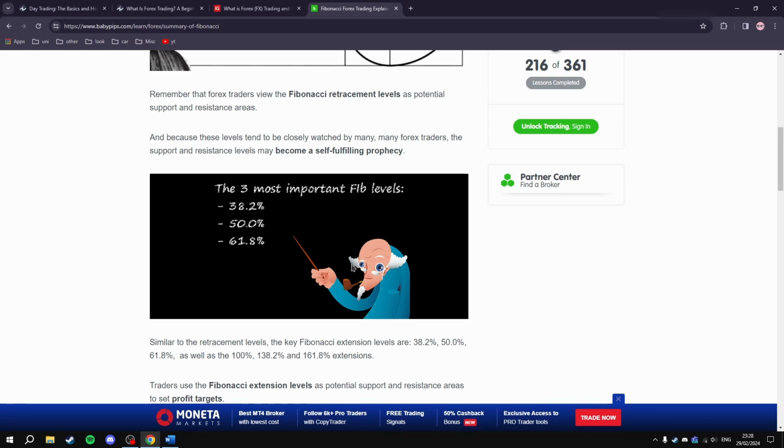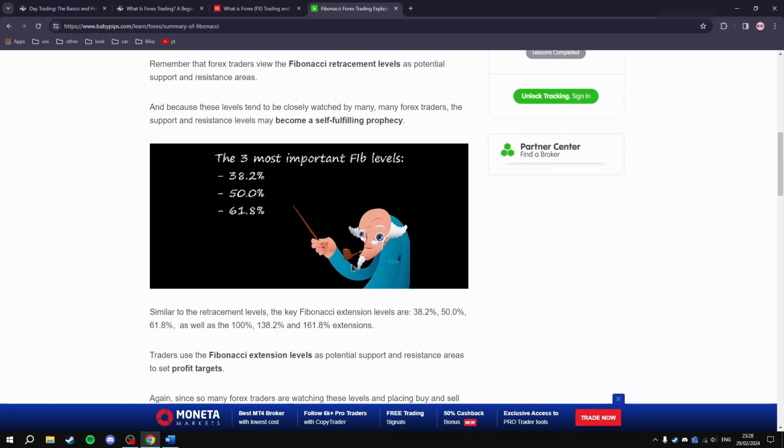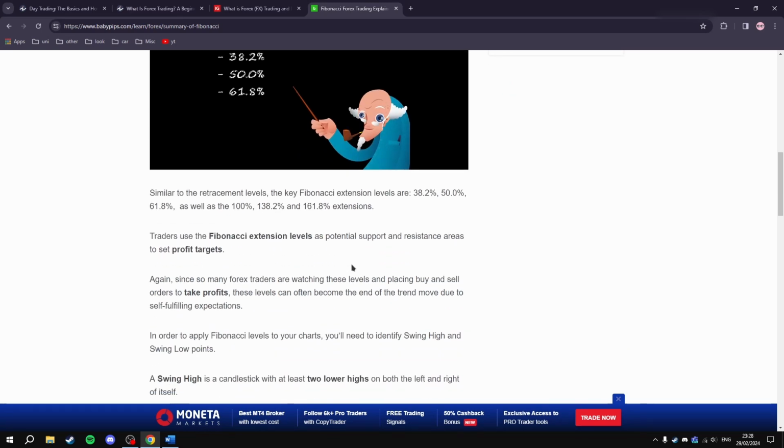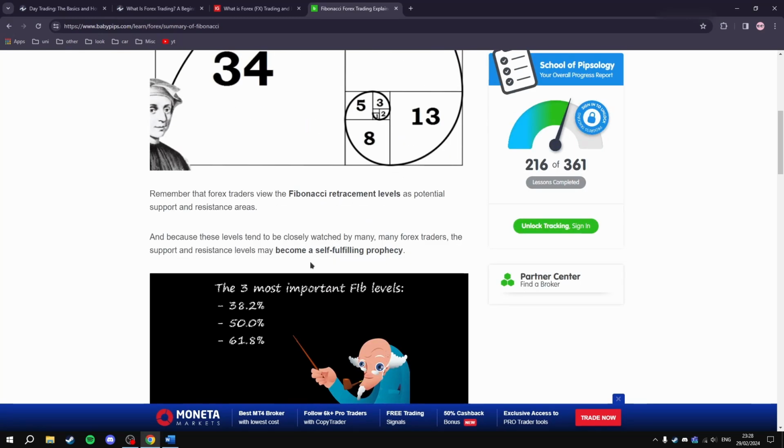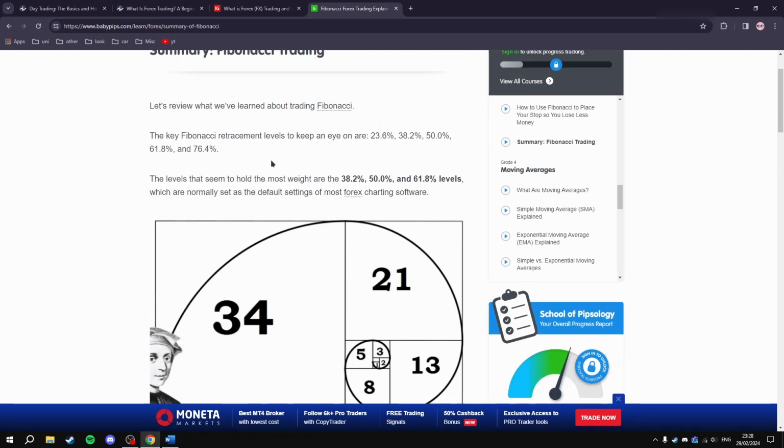Similar to the retracement levels, the key Fibonacci extension levels are 38.2%, 50%, 61.8%, as well as 100%, 138.2%, 161.8% extensions. The first one is the retracement levels, isn't it?